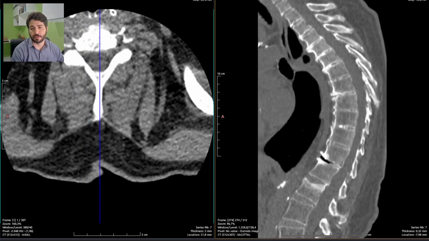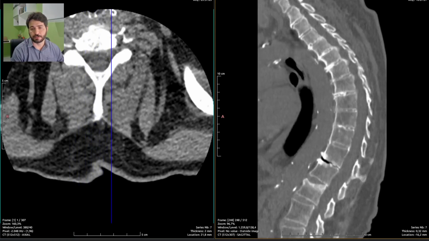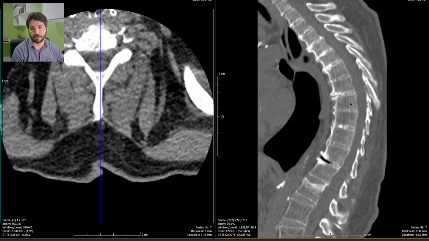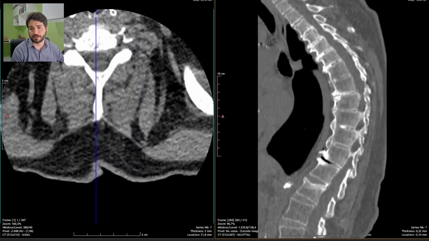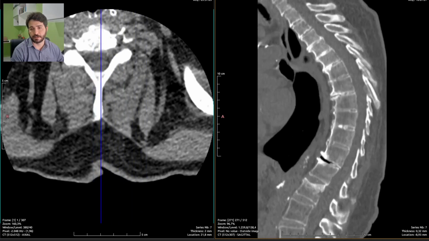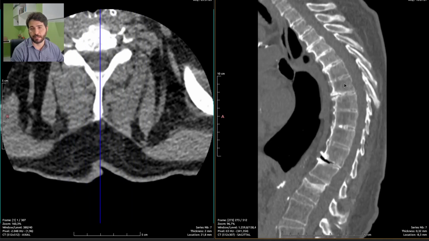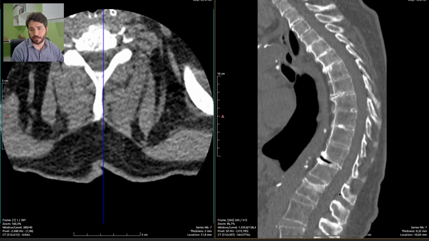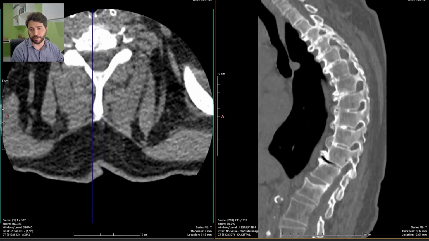This is a new fracture related to osteoporosis, to bone insufficiency. So the bone is really weak. You can see that it's really hypodense, which means there is very little bone density here. So this is a weak spine with advanced degenerative disease, and this vertebral body has suffered a fracture.